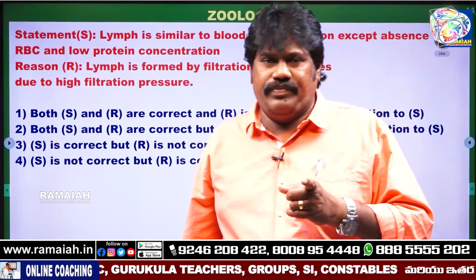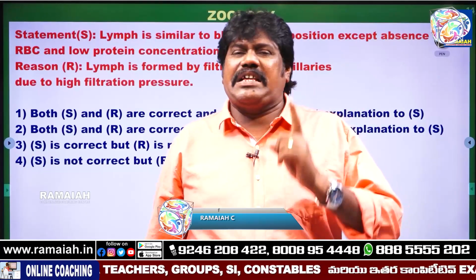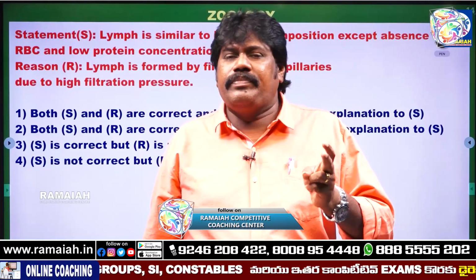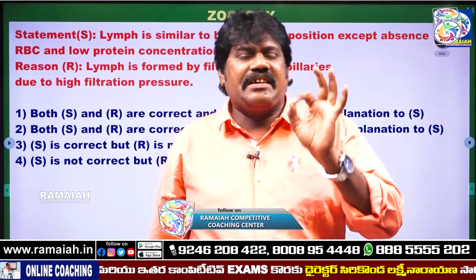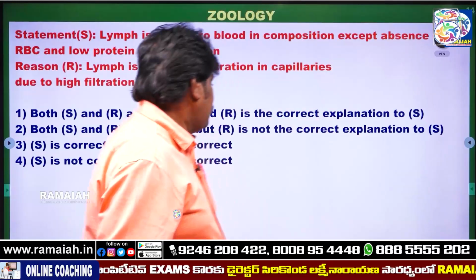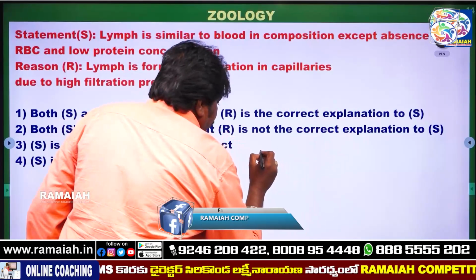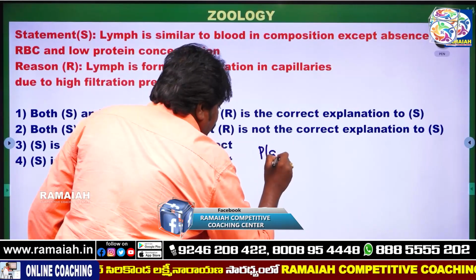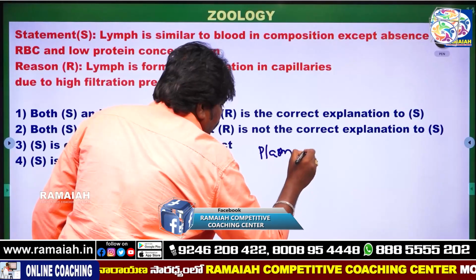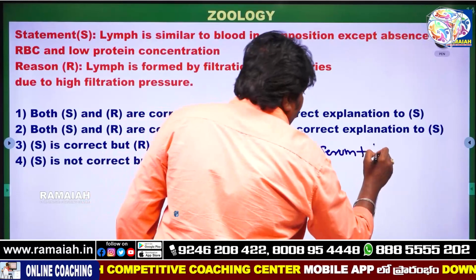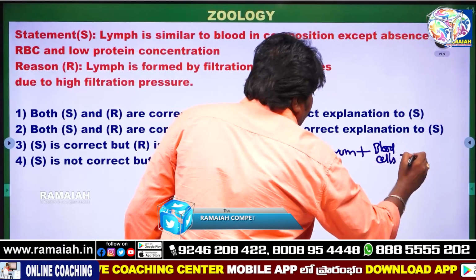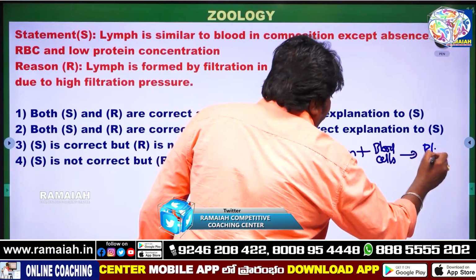If a fluid has plasma, serum and blood cells, this is called blood. Once again, if a fluid contains plasma plus serum plus blood cells, this fluid is called blood.